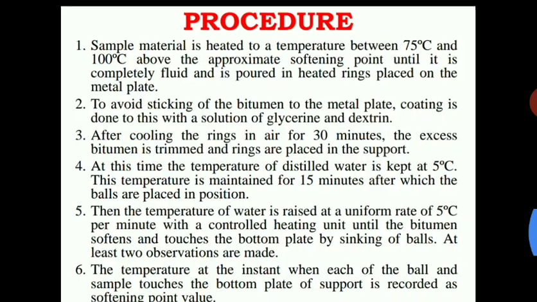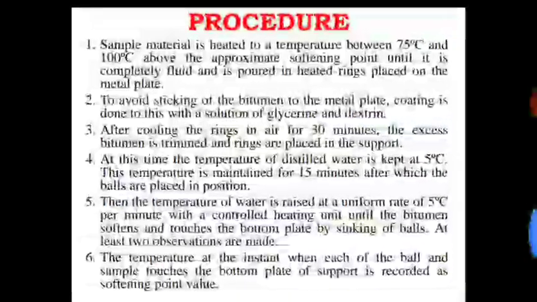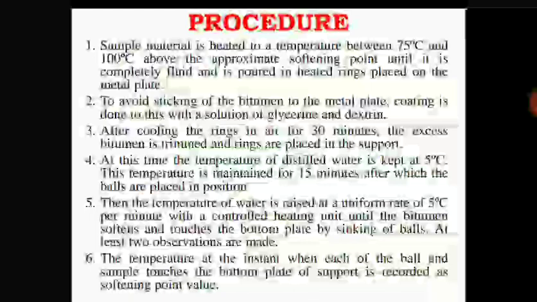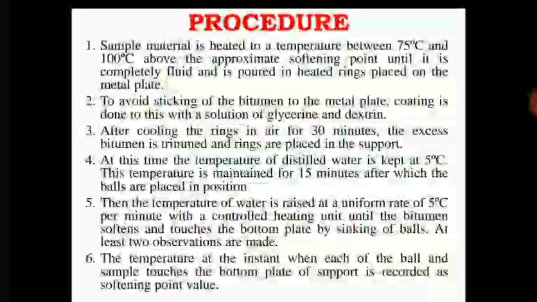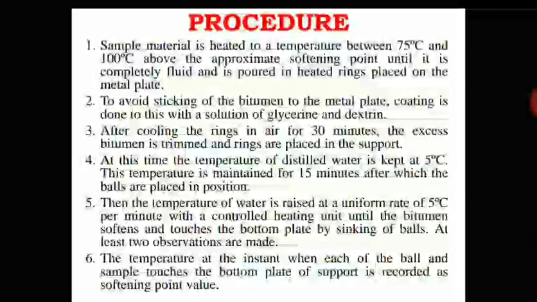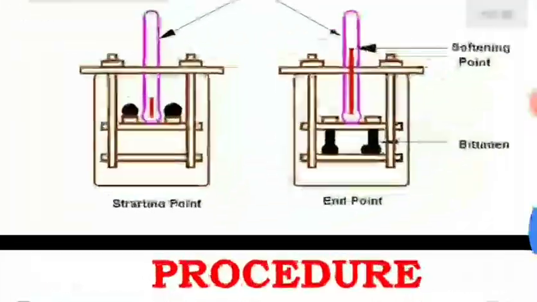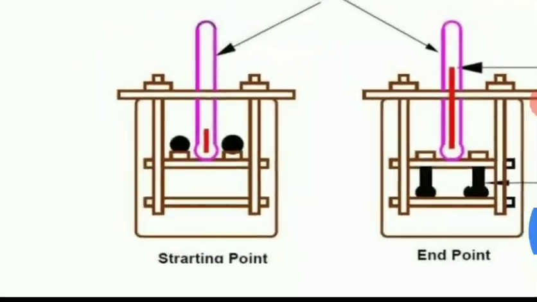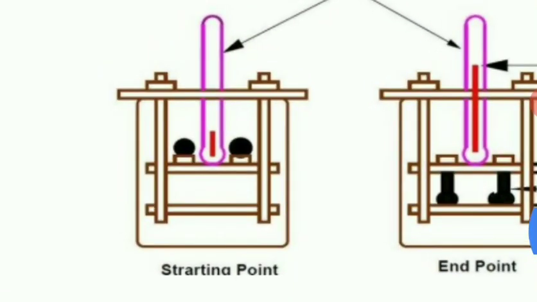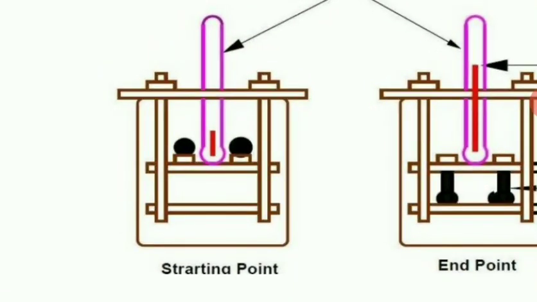At this time, the temperature of the distilled water is kept at 5 degrees Celsius. So whatever water bath is in this beaker or flask, its temperature should be around 5 degrees Celsius.